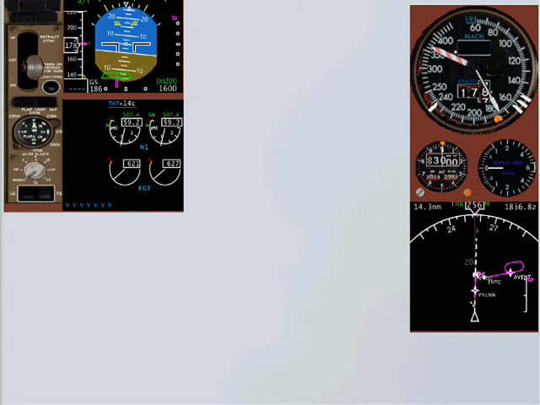After leveling off at the glide slope intercept altitude of 3,000 feet, we call for flaps 15 and slow to 160 knots.